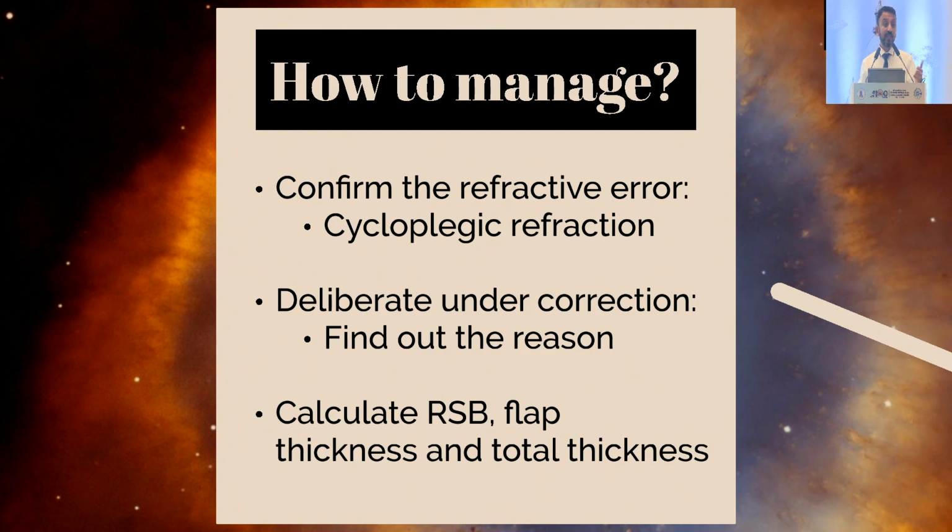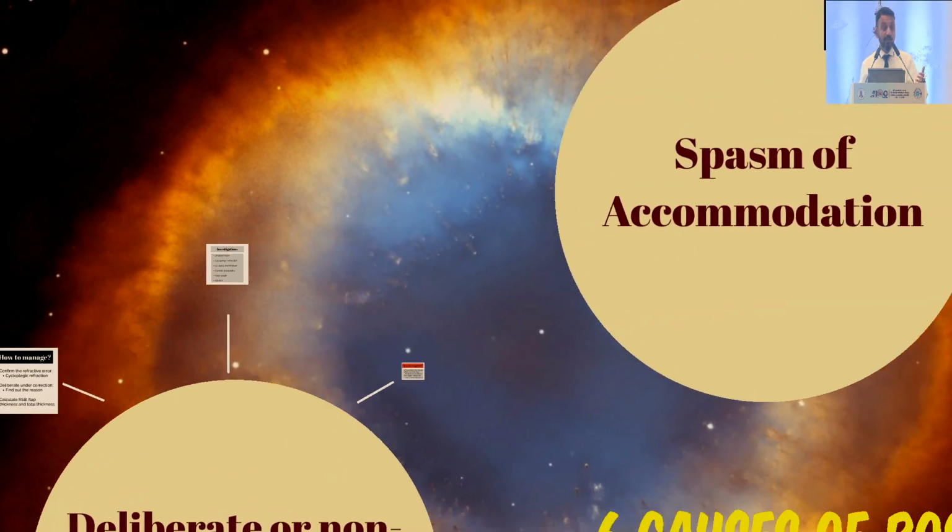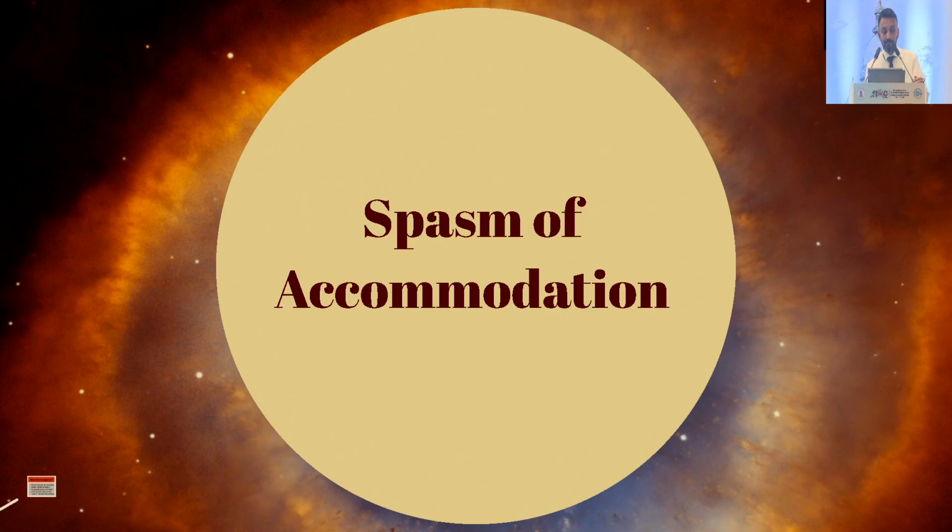First, do a good cycloplegic refraction to confirm the refractive error. Second, if it was a deliberate undercorrection, do not jump in with the treatment. Find out the cause of the deliberate undercorrection and then only go for that. Do an ASOCT, calculate the bed, calculate the flap. Think about it. If it is safe for the patient, you surely can, as the previous speaker said, go ahead with PRK and you should be fine.